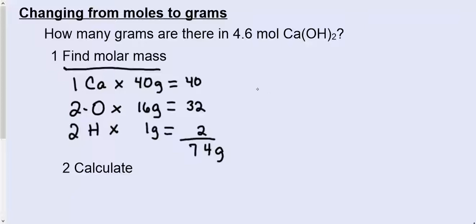What I've learned from that is 1 mole of calcium hydroxide has a mass of 74 grams.